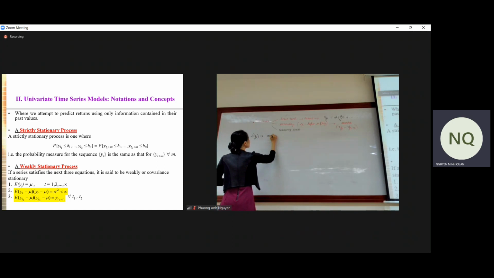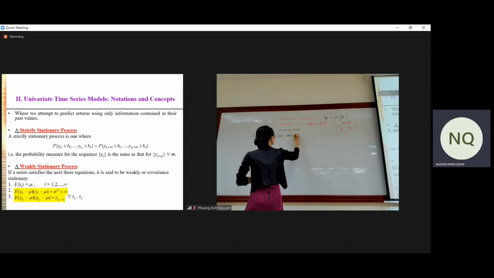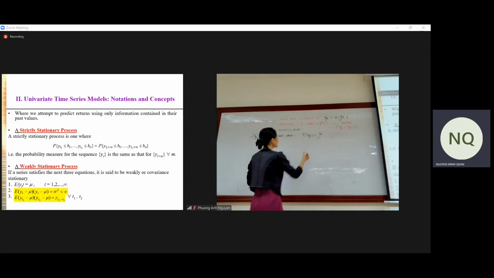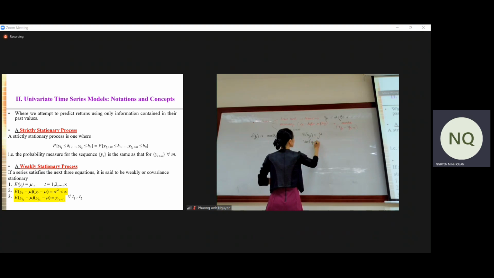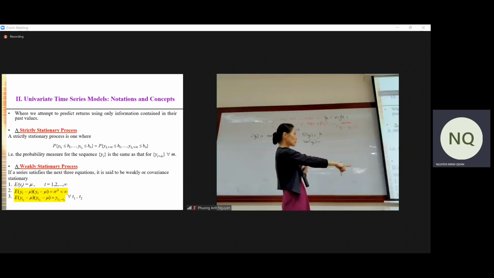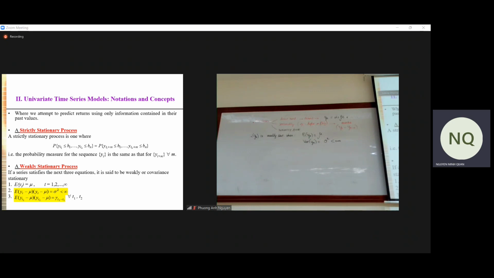The weakly stationary, or covariance stationary, series has a constant mean: the expectation of YT is equal to a constant mu. The variance of YT is also equal to a constant. Variance is the expectation of (Y minus mu) squared, and we call it sigma squared. It is a finite number.